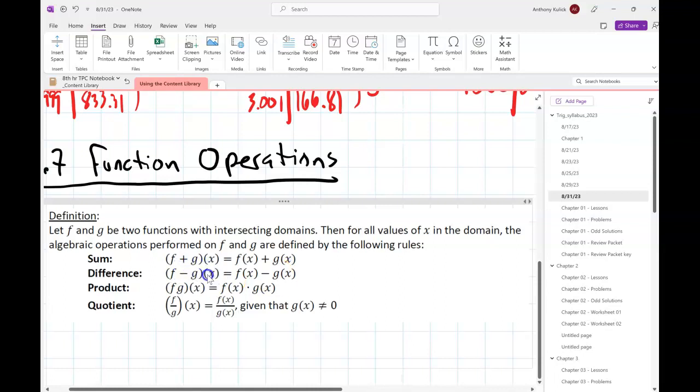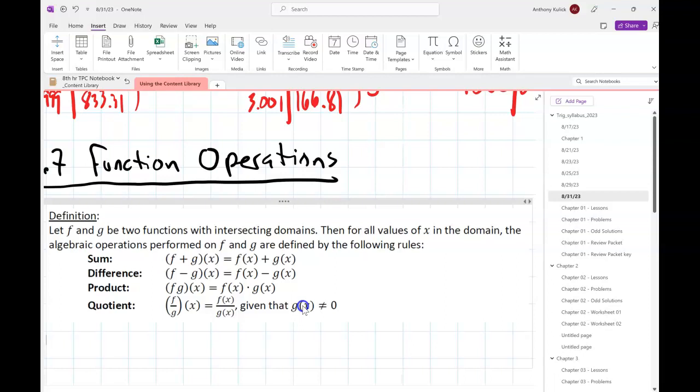F minus g of x is f of x minus g of x. F times g of x is f of x times g of x. And f divided by g of x is f of x divided by g of x, provided that the denominator is not 0.